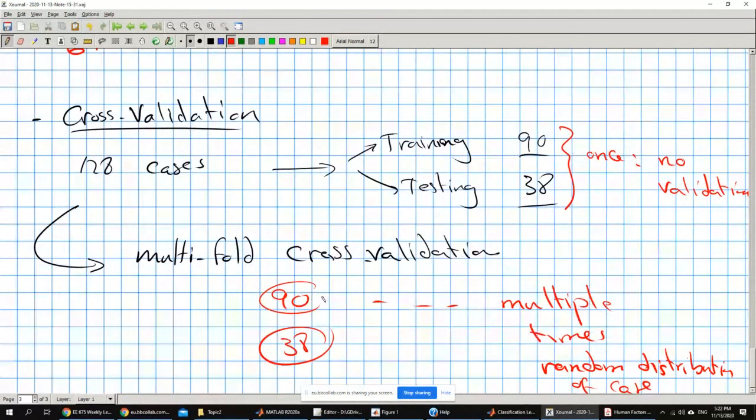So you choose 90 random cases each time, and the remaining are also random cases for the training and testing. Each time you choose a different 90 and a different 38, and at the end you average all of them.